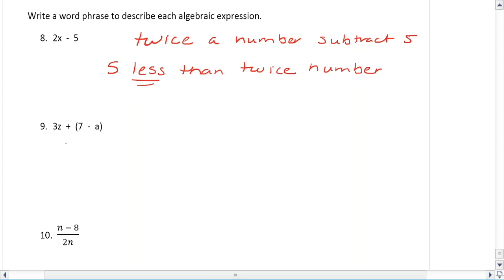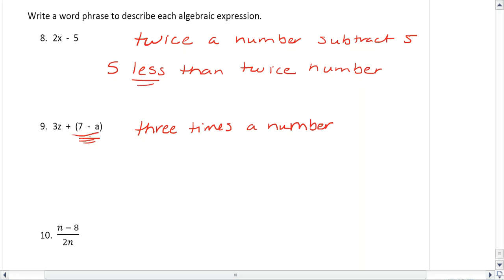Here we want to be clear in number 9 that we're doing this first. You could say triple a number z. You could say 3 times a number z. Different ways to say that. When you want to express that this is in parentheses, you need to make sure you're using the difference of these two.